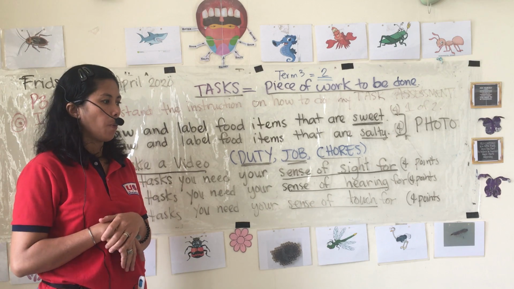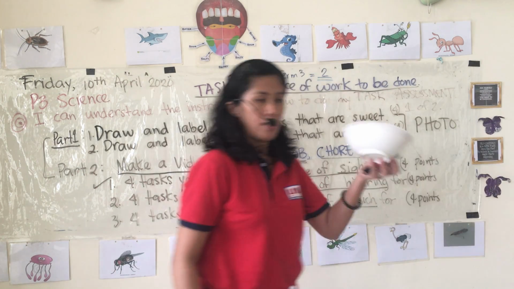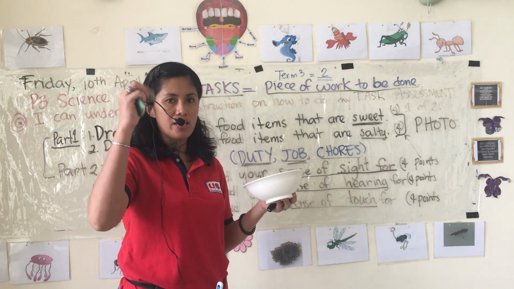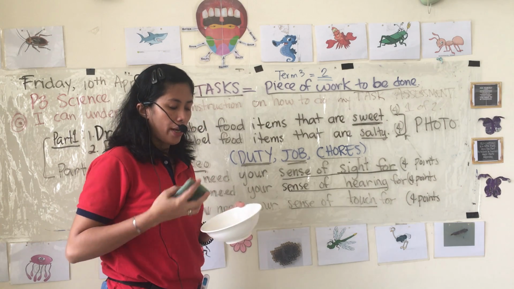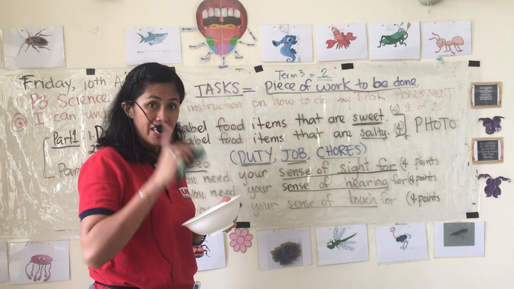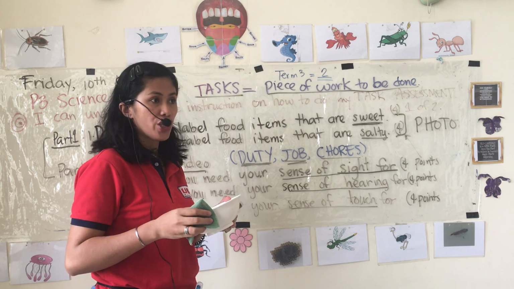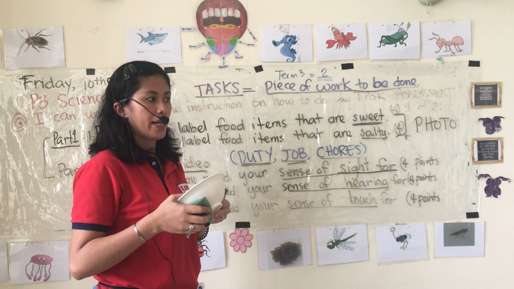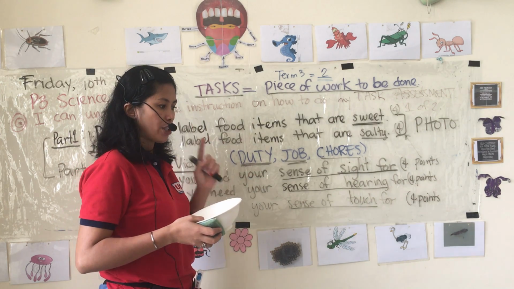For example, this is a ball and this is a sponge. So when I'm doing dishes, when I'm cleaning the plates, this is an example of a task that we use our sight for, okay? So don't just say, I see a bird, I see a cat, I see an apple. No, a task or a job, a chore.